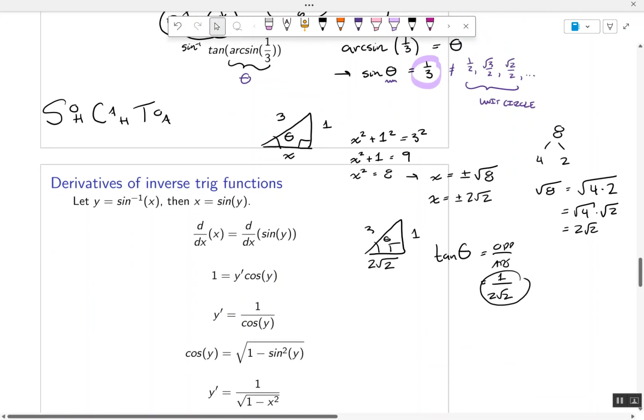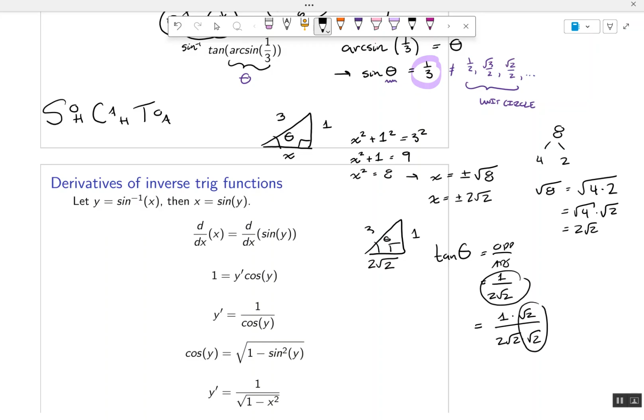But if you like, we can rewrite that as 1 times square root of 2 over 2 square root of 2 times square root of 2, just multiplying by square root of 2 on the top and the bottom. And so we have square root of 2 over 4 as another form of the final answer. I think this video is getting long. Let's pause it right here and we'll start the next one.